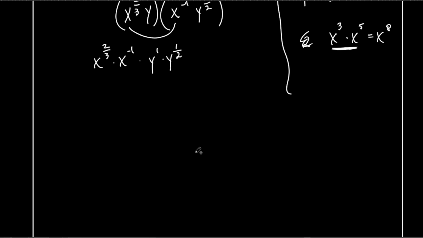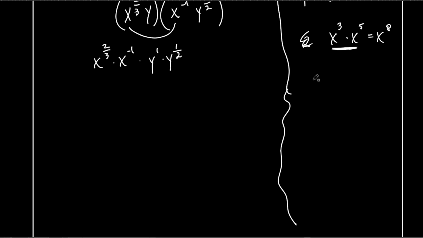So how do I multiply x to the 2/3 times x to the negative first? I do what to the exponents? I add the exponents together, okay? So here, this is still off to the side, okay? So you don't have to FOIL? There is no foiling. I know, but you have two. Yeah, but you don't have a plus sign or minus sign in between. This is not FOIL.